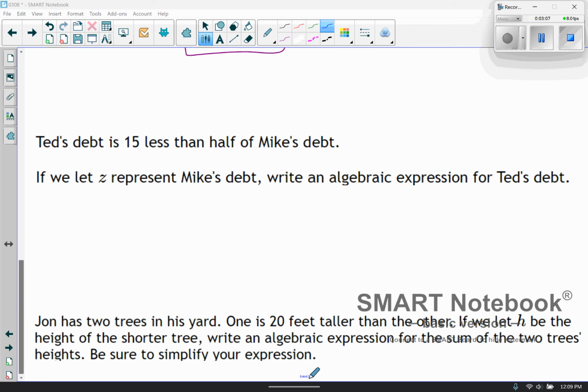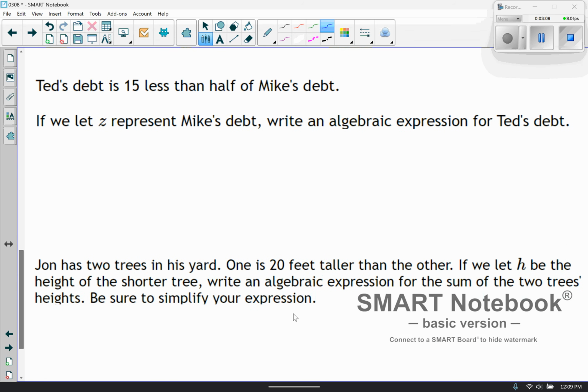Okay, next, let's see. We've got Ted's debt is 15 less than what? So 15 less than what comes next. So we're going to subtract 15 from what comes next. So Ted's debt is 15 less than Mike's, or half, that's important, half of Mike's debt.